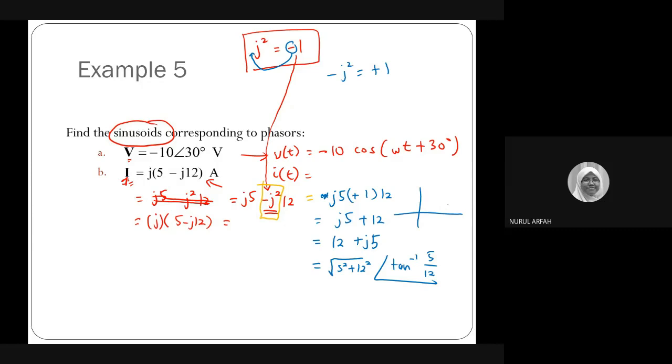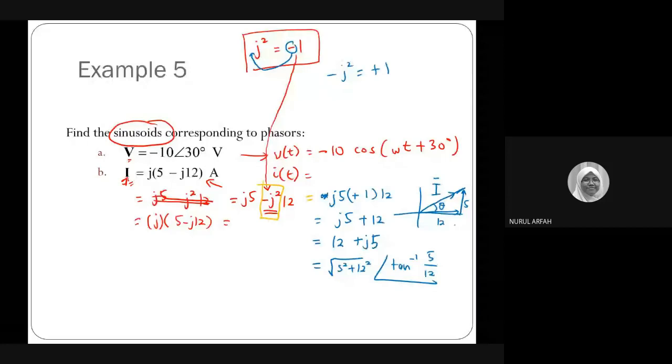This is coming from the real axis is 12, right? This is 12, and the imaginary is 5. So this is your, apa panggil ni? This angle, correct? This phase. Okay, so you use theta, and this theta, if you want to find it, then you need to use inverse tangent. So that's why you have inverse tangent 5 divided by 12.